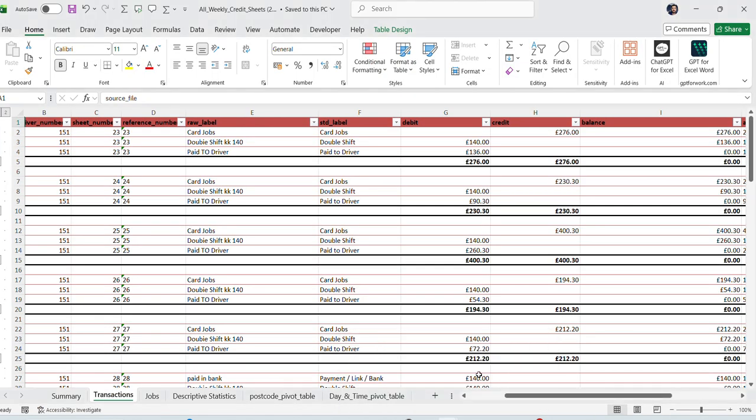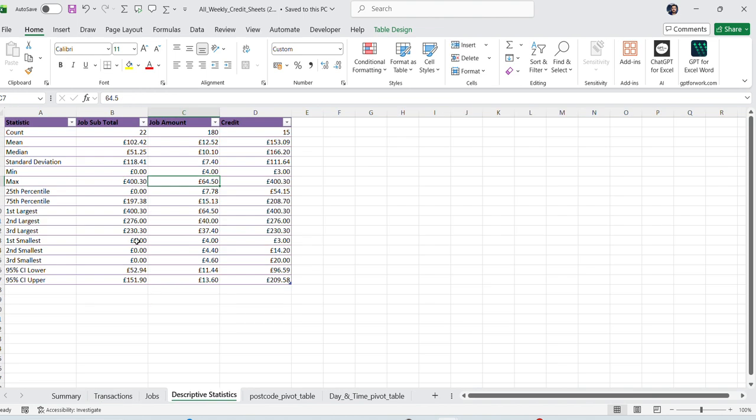And here, this is my weekly and per job. There's the mean for weekly and per job, median per job, and minimum, if I'm not working, zero per job. The minimum fare starts at £4. Highest in 22 weeks, one week earned £400. That's the maximum I ever earned per job. Maximum I ever earned in 22 weeks is £64.